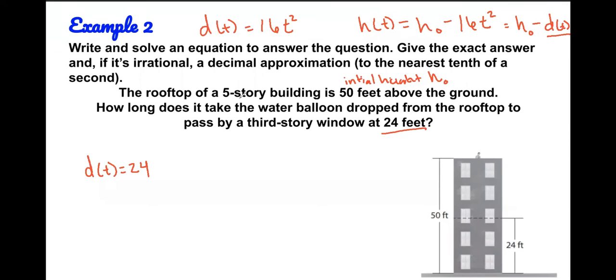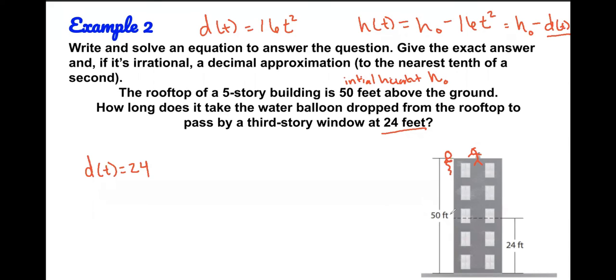And by reading into our description, we are able to see that its initial position or initial height was that 50 feet. So here's our little person. Every time I look at this, I feel like they're gonna jump or something. But no, they're just throwing the water balloon off the top of the 50 feet, the 5-story building.